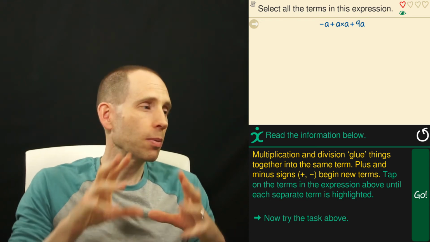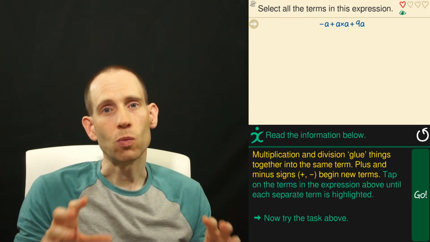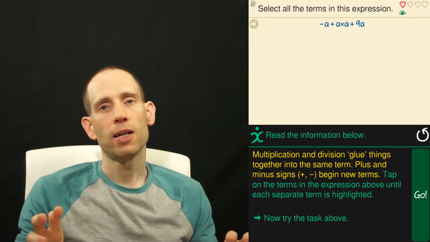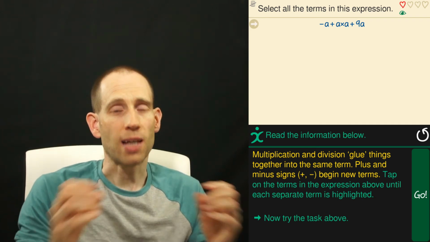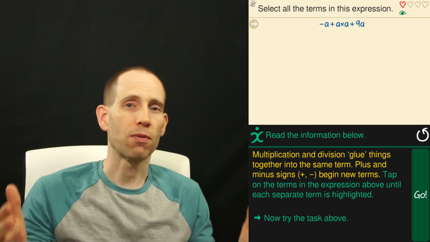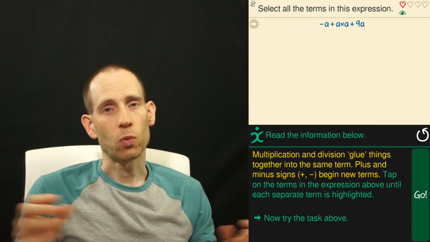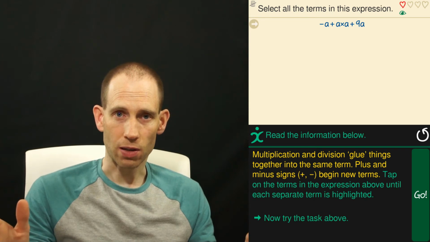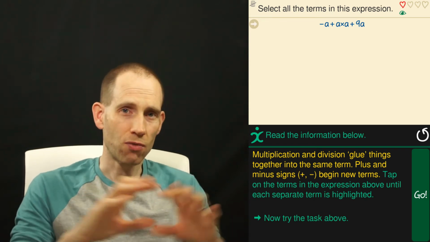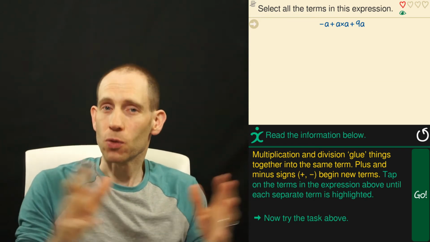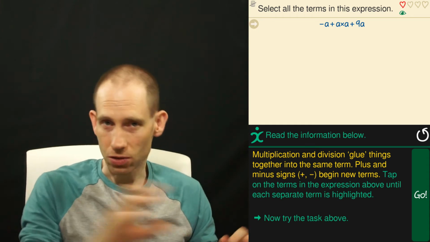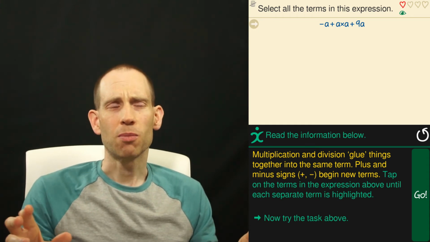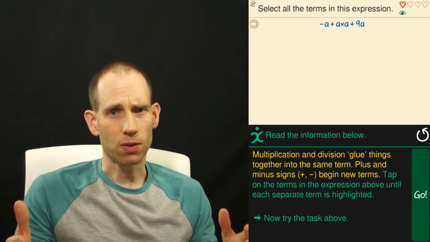And being able to see within an expression where the terms is a bit like being able to see where the separate words are within a paragraph of written English. We put little gaps between all the words in English so you can see where all the separate words are. If you can imagine trying to read a paragraph of English without any of those word gaps, it was all just one long string of letters, it'd be possible to read it, but it'd be a lot more difficult.